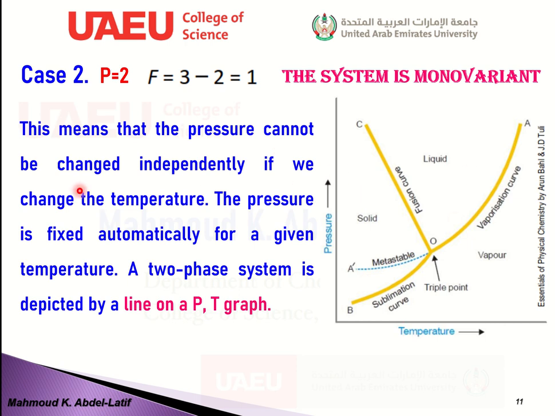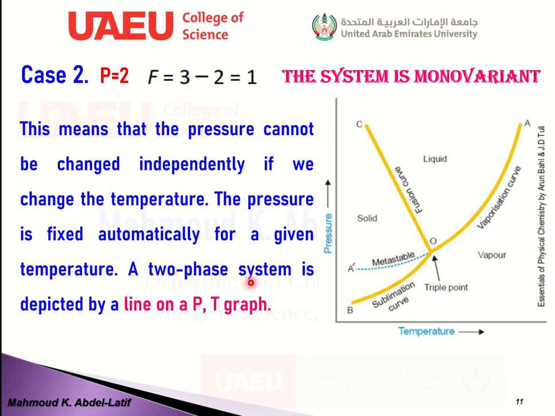I will show you. If we change the temperature, the pressure cannot be changed independently, and vice versa. The temperature cannot be changed independently if you change the pressure. The pressure is fixed automatically if you change the temperature, for a given temperature.